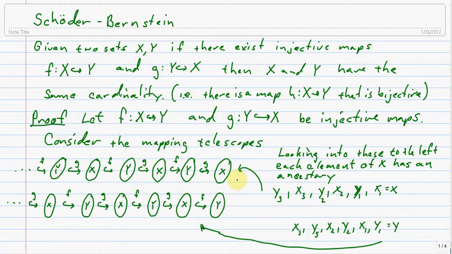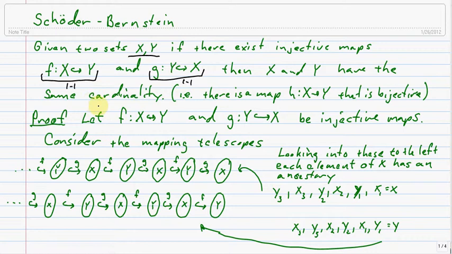So if you remember the setup, what we want to prove is that if we're given two sets, and I'm going to call them X and Y here, I realize I called them A and B in class, but it doesn't really matter. If we're given two sets and we have injective maps, in other words, one-to-one maps, this is one-to-one, and this is one-to-one, then X and Y have the same cardinality, they have the same size.